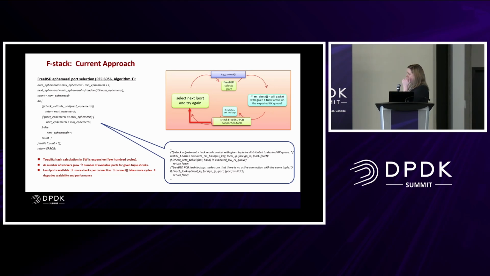And then, if it does, we look it up in the FreeBSD TCP connection table to see if there is a match there. If there is a match there, then we have to start the process again. So essentially, we're doing a lot of looping, and the more ports get used up, the more time you're going to spend in this loop, the fewer ports are available to be picked even in this loop. And it starts to get quite extreme as the number of worker threads goes up and the ports get used up.